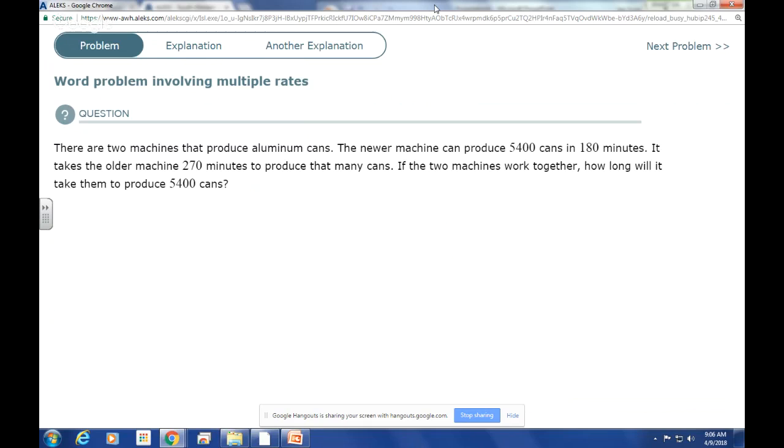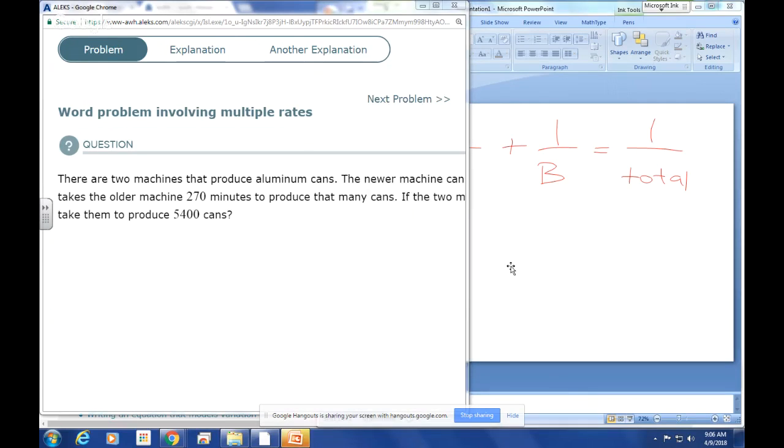Okay, in 180 minutes. The older one can do the same number of cans, 5,400, in 270. And then it talks about working together to do 5,400 cans. Okay, so as ugly as this is going to be, let's go over here.